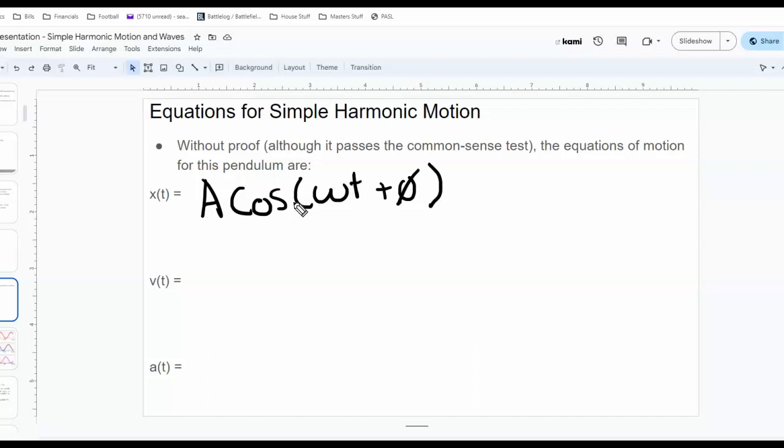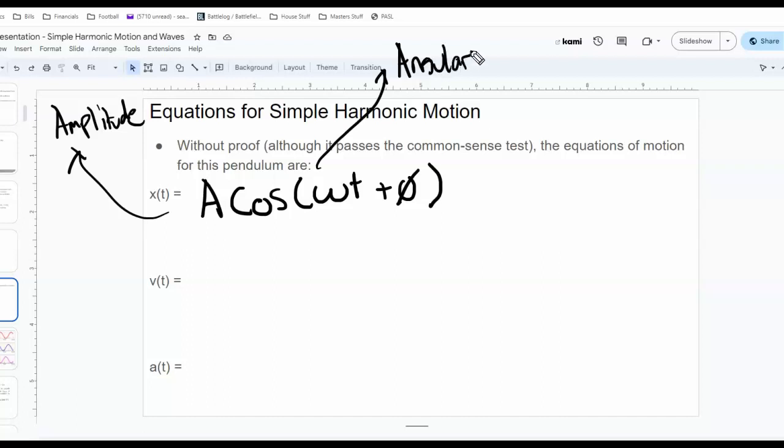Okay, so in this equation, A is going to be the amplitude of the oscillation. Hopefully you're familiar with the concept of amplitude from pre-cal. If not, you should already have the definition of amplitude in your notes. Omega, of course, is our wonderful angular frequency. Remember, that is equal to 2 pi times the normal frequency. t, of course, is time, and this right here is a Greek letter phi.